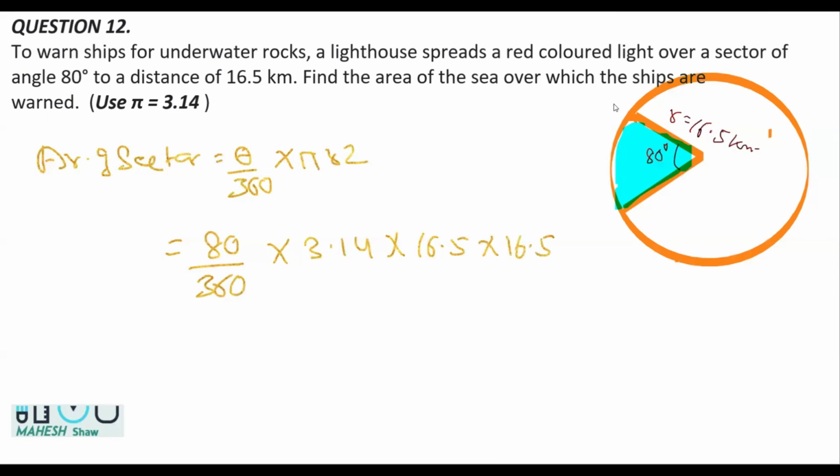Not converting into meter. The zeros get cancelled here. With further calculation, I can see this can be reduced as 4 and this is 18. All right. Is it divisible? 6 plus, yeah, it's 6. It's divisible by 3, so I'm reducing it further. If I remove this decimal here, make it 100.